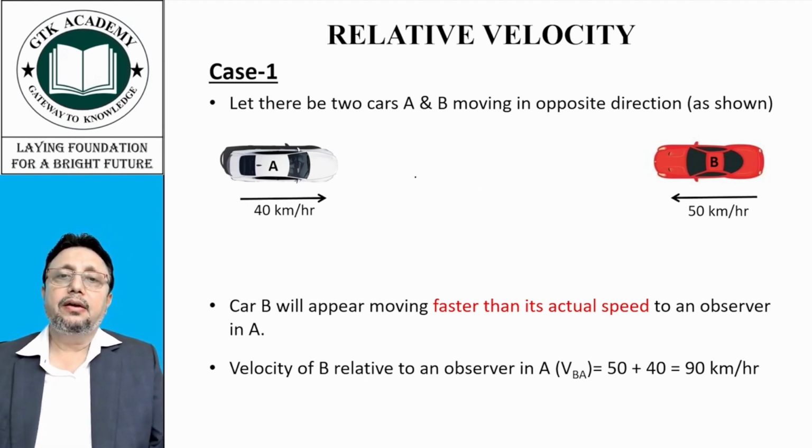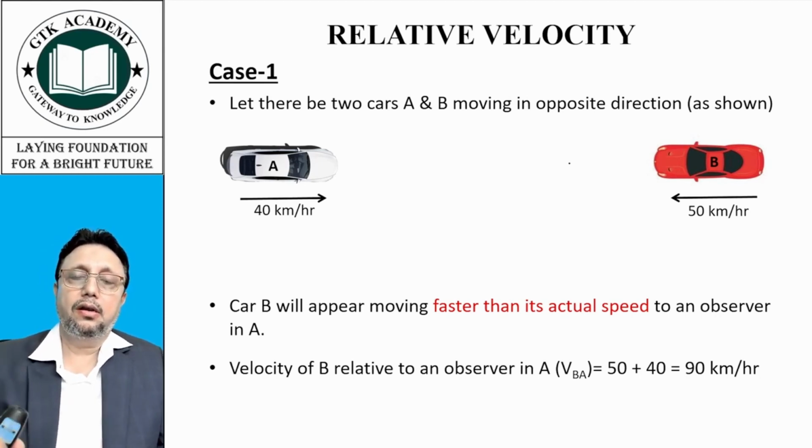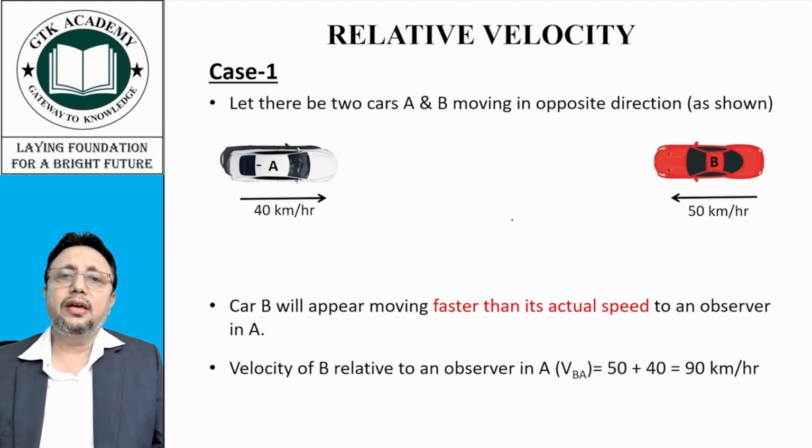So VBA, velocity of B relative to A, is equal to 90 km per hour. Now how did we find it? What did we do?